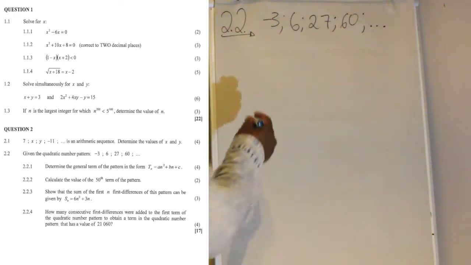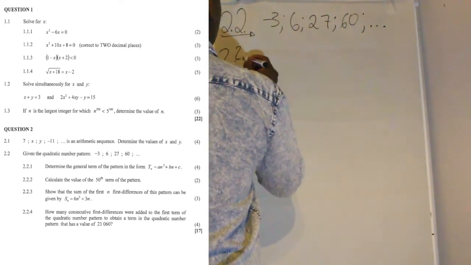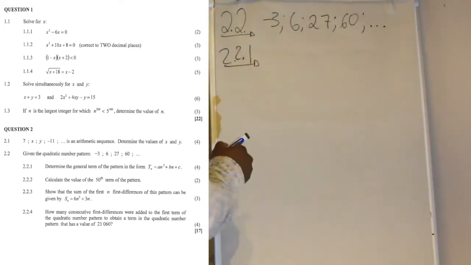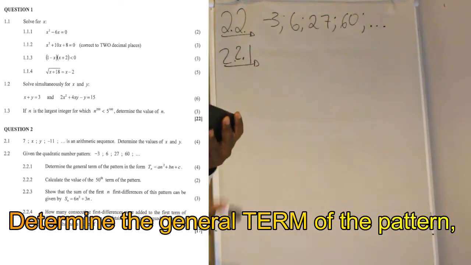So question 2.2.1. Let's attend to that. Determine the general term of the pattern in the form Tn is equal to an squared plus bn plus c.